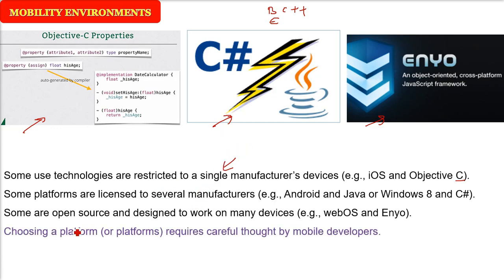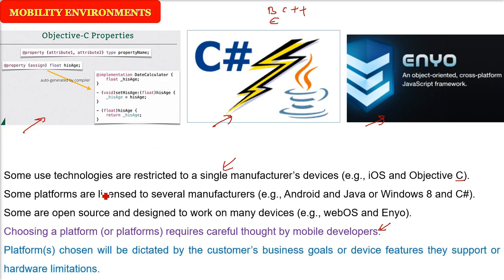As a mobile developer, which platform you are going to choose requires a lot of consideration. That is, you require carefulness, thoughtfulness. This is not the only aspect. There are business goals, because the customer is giving you that app to be built.